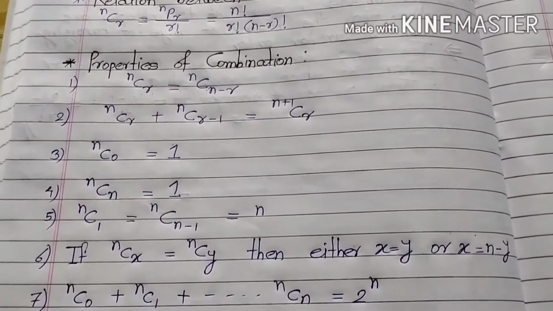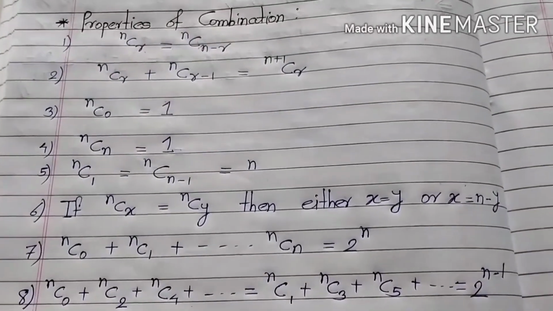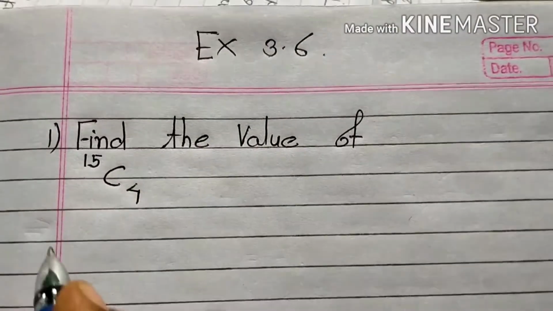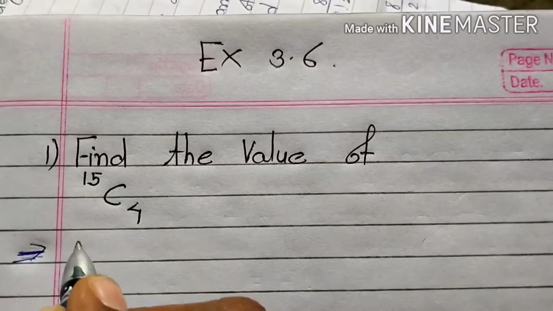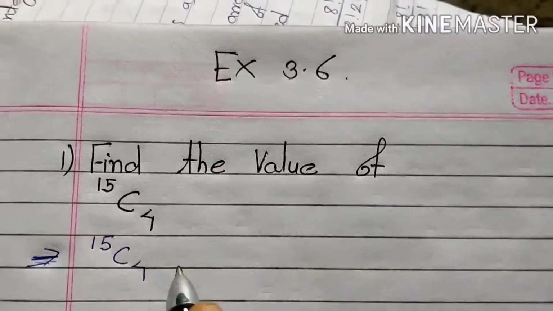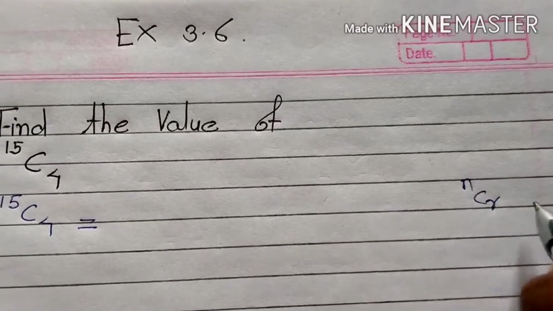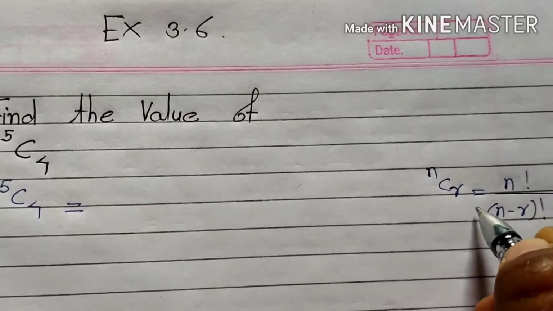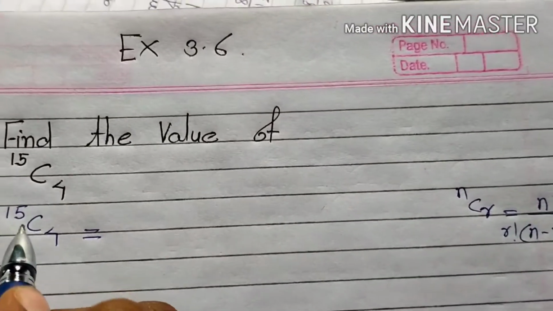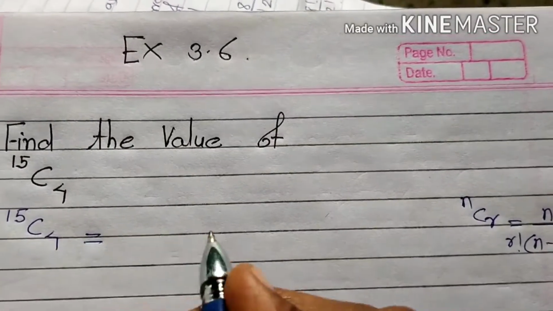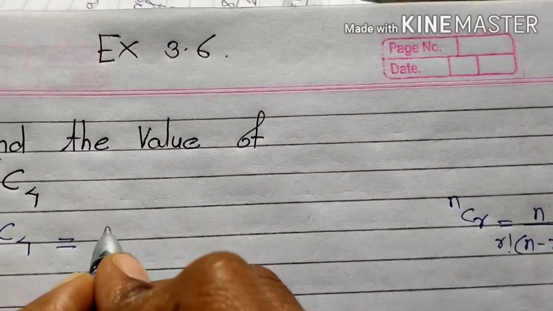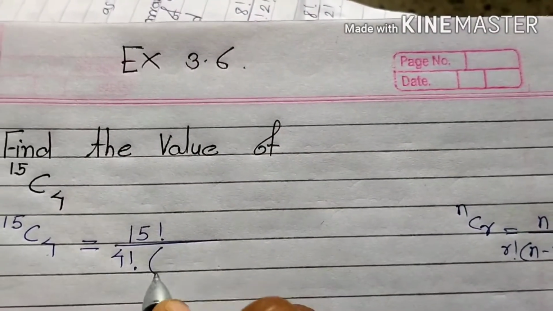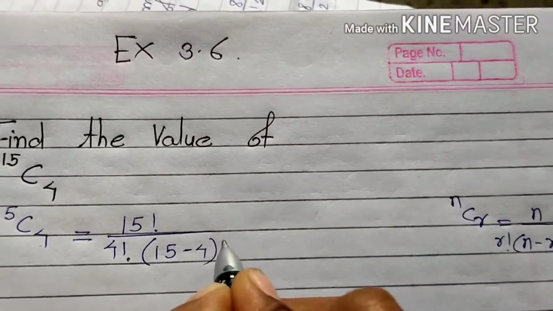So let us start a new exercise, exercise 3.6. Our first example: find the value of 15C4. So let us start to solve. 15C4 is equal to, we know that nCr is equal to n factorial upon (n minus r) factorial times r factorial. Here n is equal to 15, r is equal to 4. So 15 factorial upon 4 factorial into (15 minus 4) factorial.